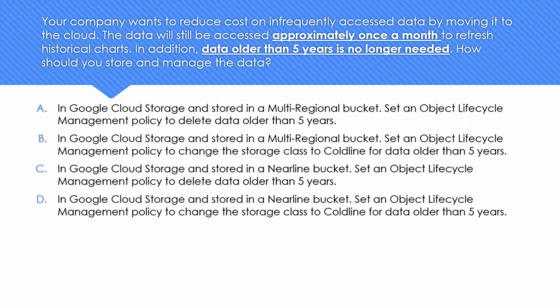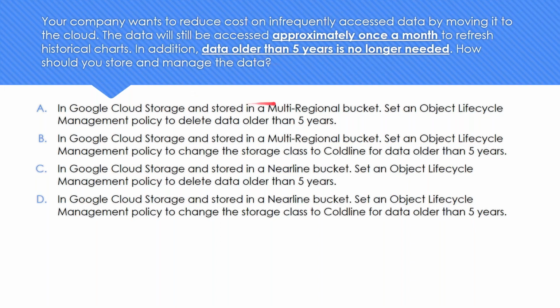If the question does not mention whether they want a cheaper or expensive solution, always assume it to be cheaper. Nobody expects an expensive solution. In some cases, I have myself seen exam questions where they mention cost is not a concern, we want performance, something like that. If they mention that, then you can have a better solution. But since they have not mentioned anything here, we'll assume it has to be a cost-effective solution.